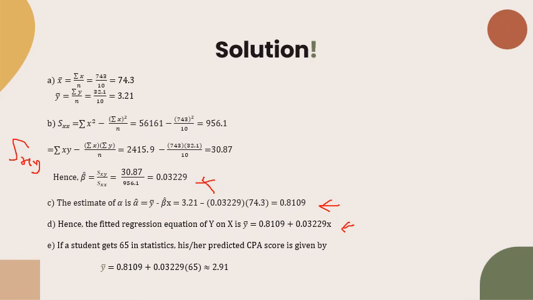Based on the regression model that we have proposed, we just substitute the value of x with 65. So the predicted CPA is equal to 0.8109 plus 0.03229 times 65, which is equal to 2.91.